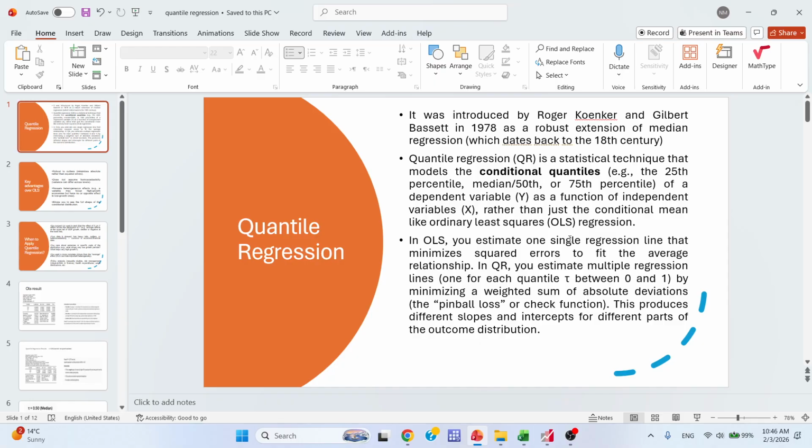In OLS we estimate one single regression, but in quantile regression we can estimate as many quantiles as we want. You estimate multiple regression lines, one for each quantile, whose value is between 0 and 1, by minimizing the weighted sum of absolute deviations.